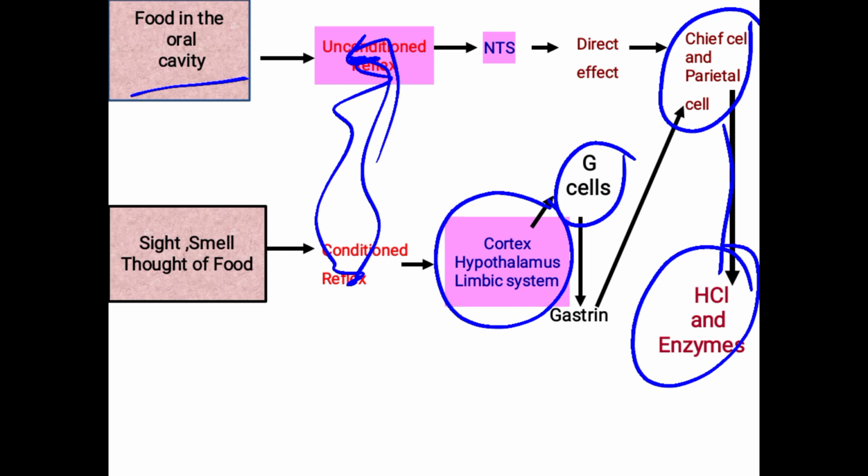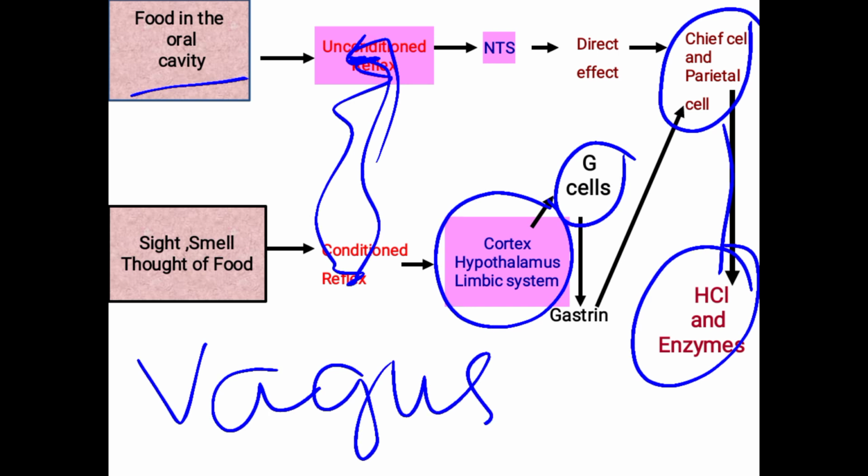Understood? So how does the cephalic phase operate? The cephalic phase of gastric juice secretion is mediated by the vagus nerve. That is explained by the sham feeding mechanism. In sham feeding, they take one dog and cut the esophagus, then feed the dog.